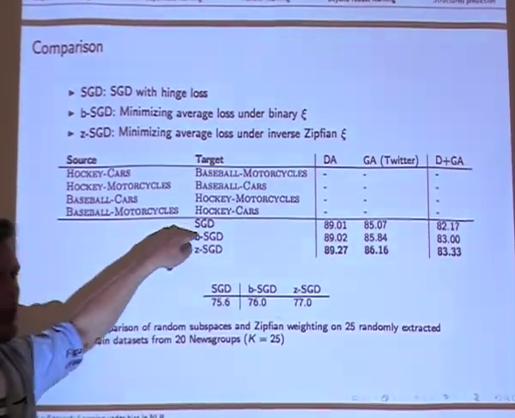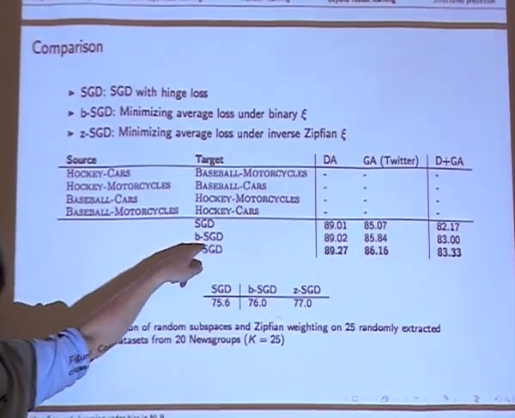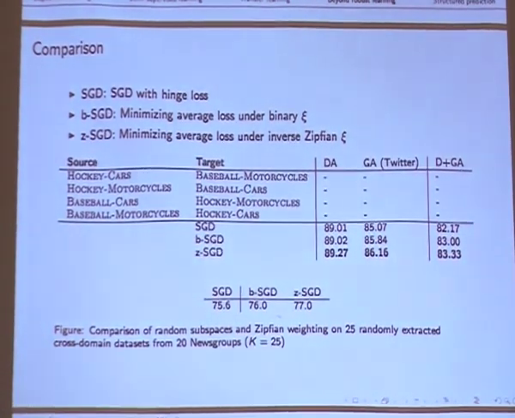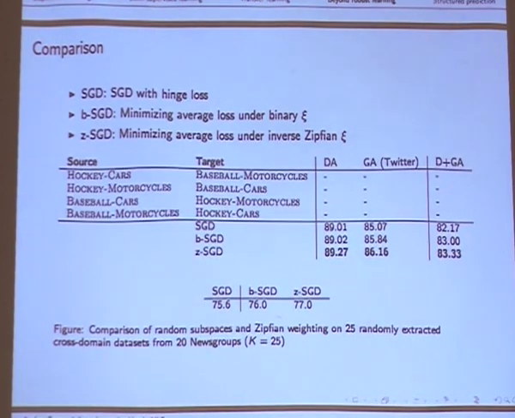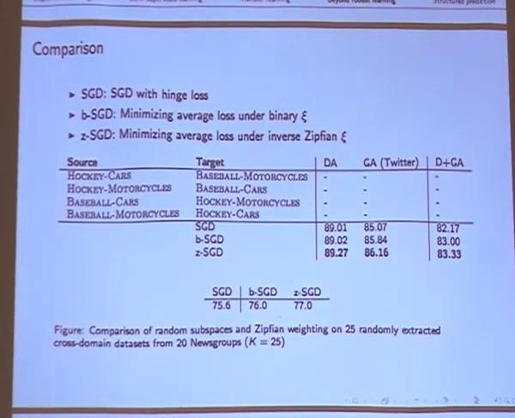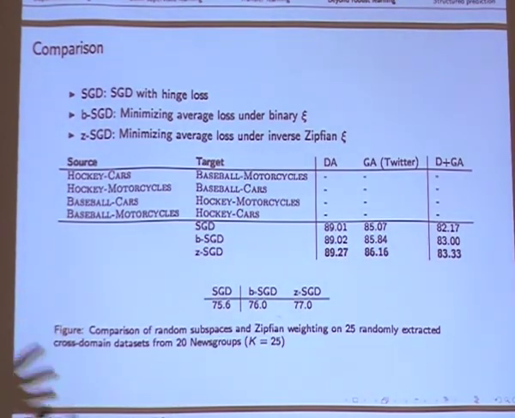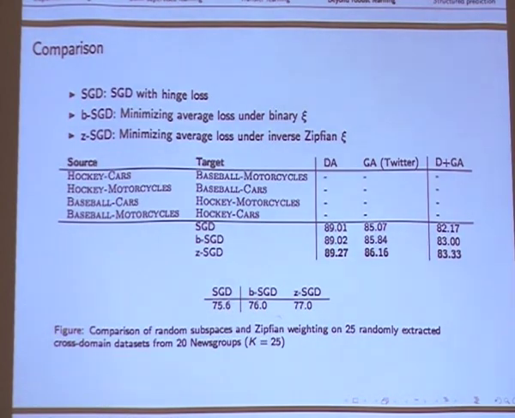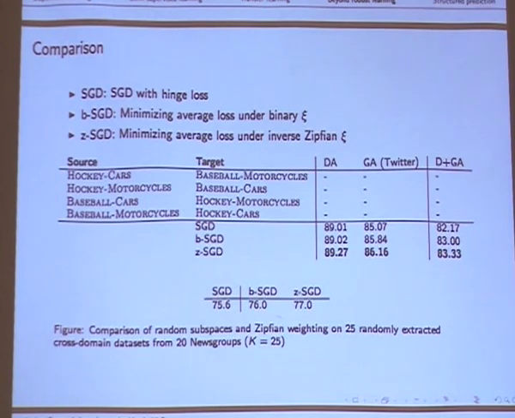The B-SGD here is using binary vectors, so what we just talked about. The Zipfian here is drawing the real-valued weights by taking the inverse of a Zipfian. The intuition is that if the source is drawn from a Zipfian distribution, the target, which is also a Zipfian, is going to look like an inverse of it. Okay? That's the underlying intuition here.